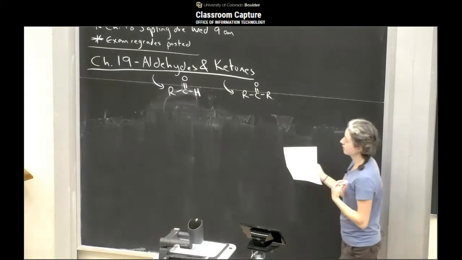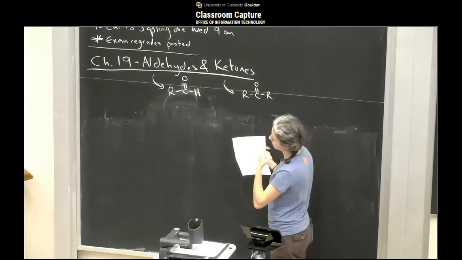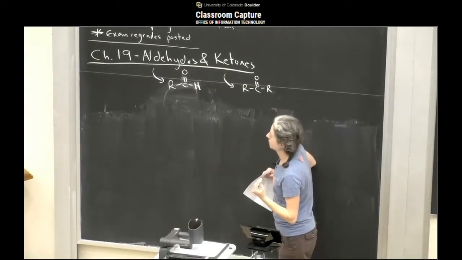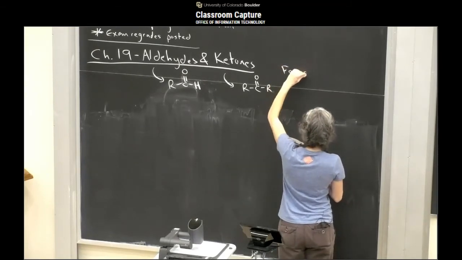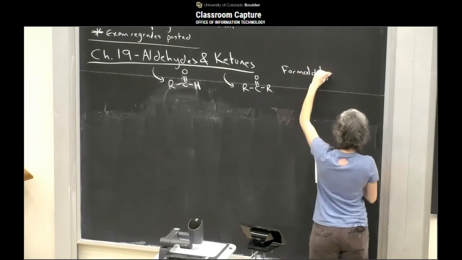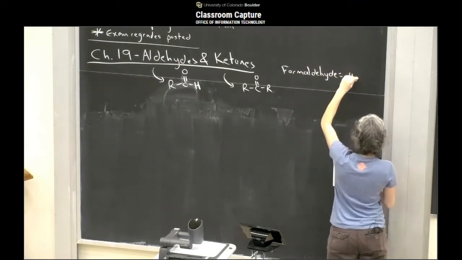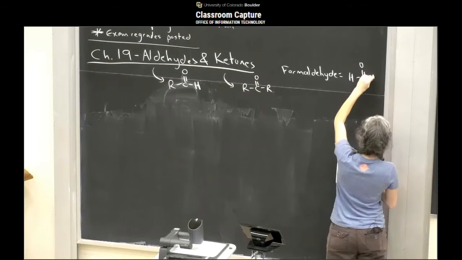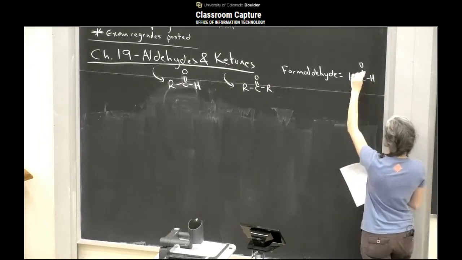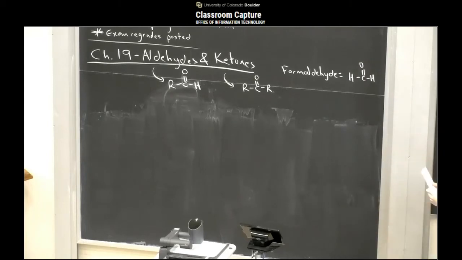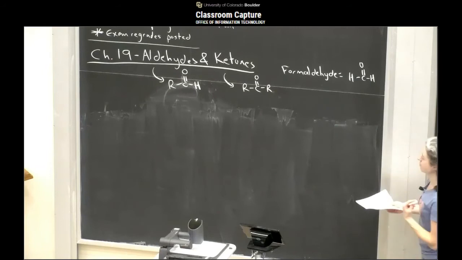And one particular subset of aldehydes that gets its own very common non-IUPAC name is formaldehyde, which looks like an aldehyde with an H on both sides.